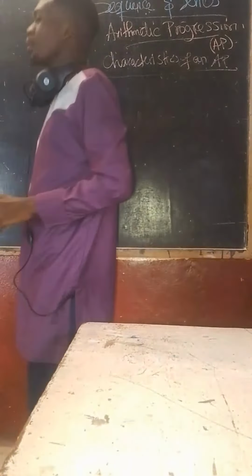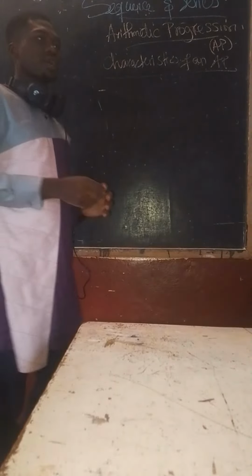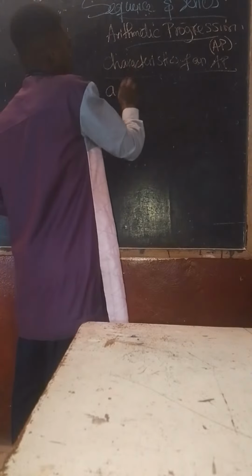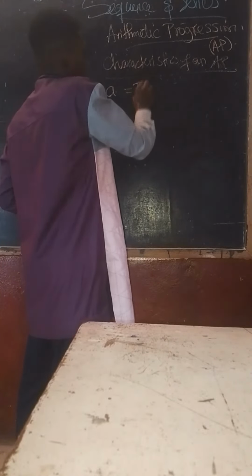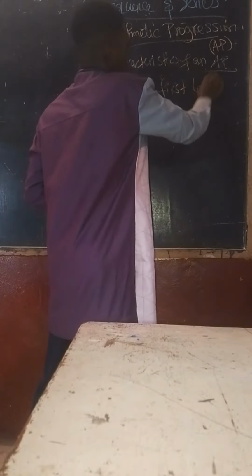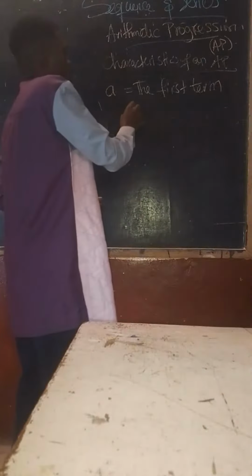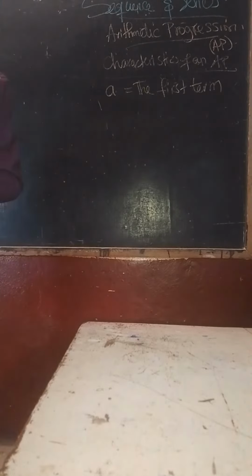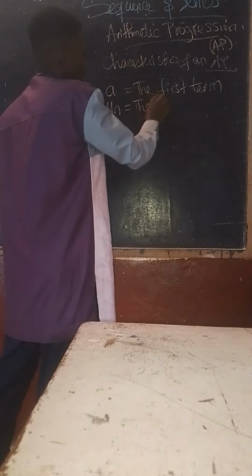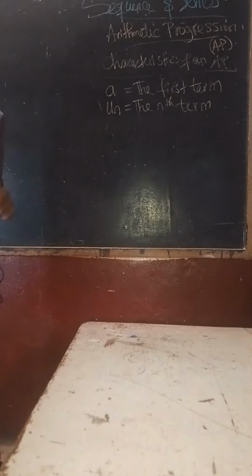And then an AP has the following characteristics. 1, A, the first term. In an AP, A represents the first term. Un represents the end term.